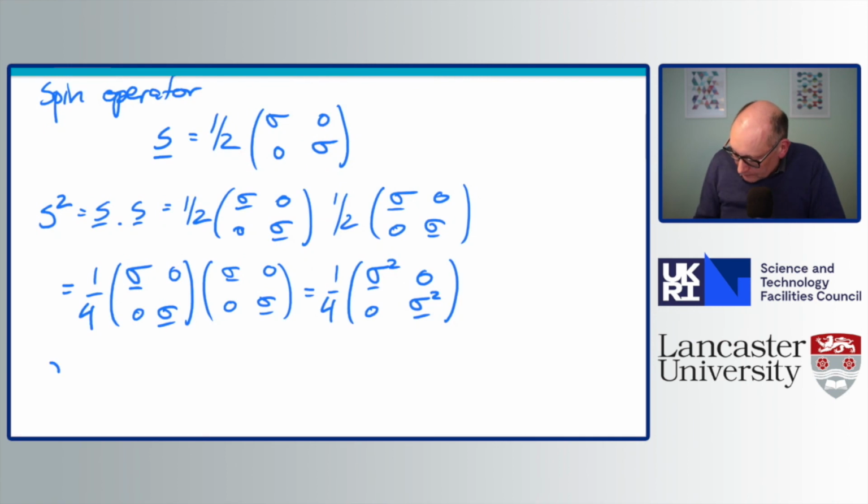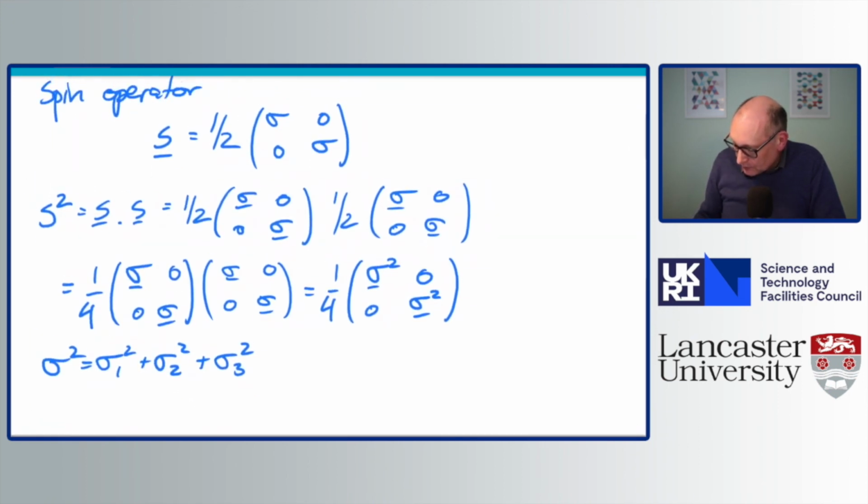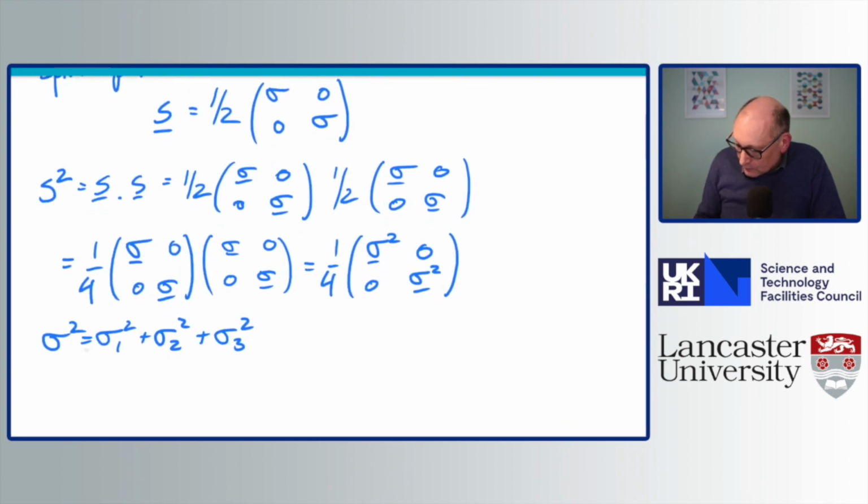Now sigma squared is sigma 1 squared plus sigma 2 squared plus sigma 3 squared, right? It's the square of each component in the sigma, which is the vector sigma 1, sigma 2, sigma 3. But this thing here is equal to 3 times the 2 by 2 identity matrix, right? Because we know from the Pauli matrices that sigma i squared is the identity matrix.